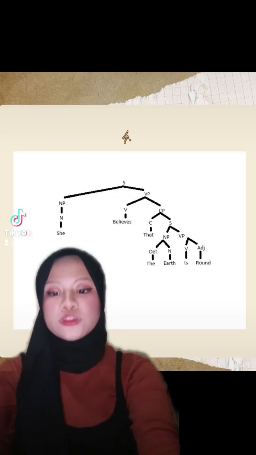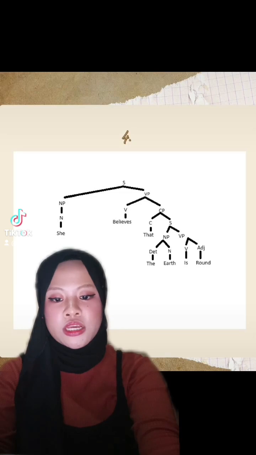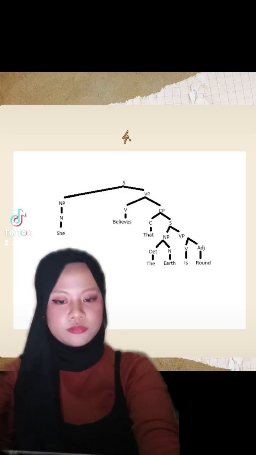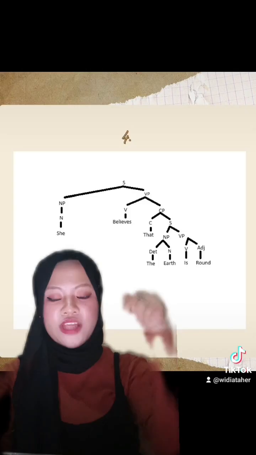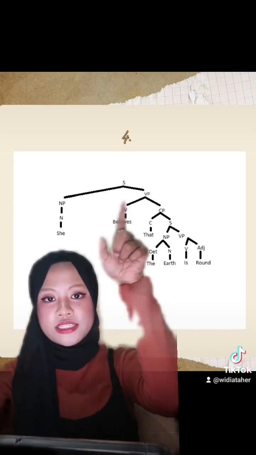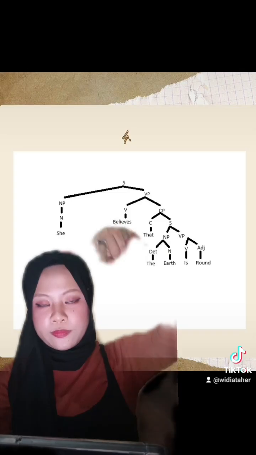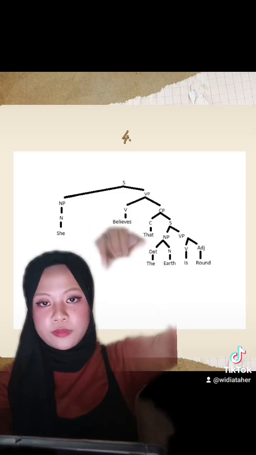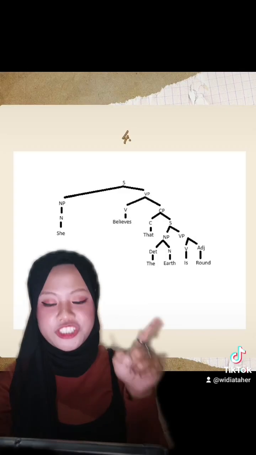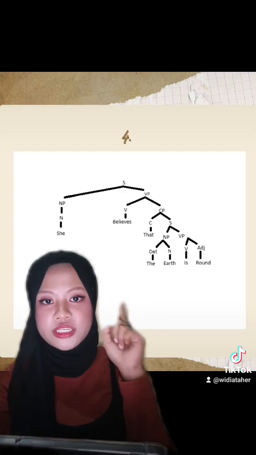So, we move to the fourth sentence: She believed that the earth is round. Let's break down the sentence into a tree diagram. The first one is the noun phrase. The subject is she, or the noun is she.